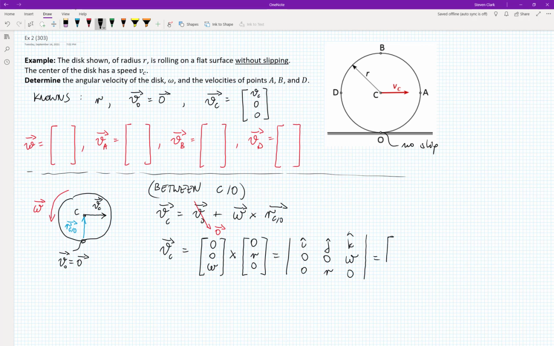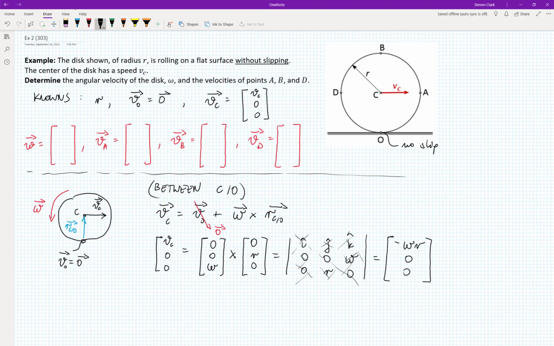Let's solve it. Minus omega R, 0, 0. Great. And I will replace VC with what we see at the top of the board, okay? Because our VC has only one component.